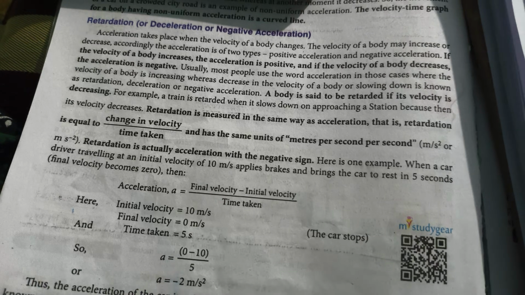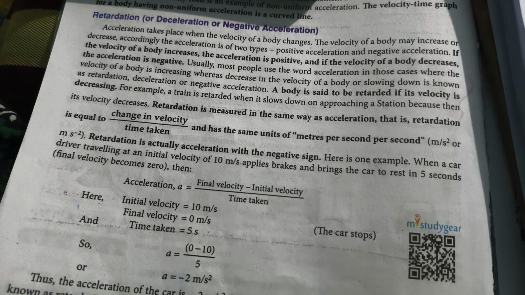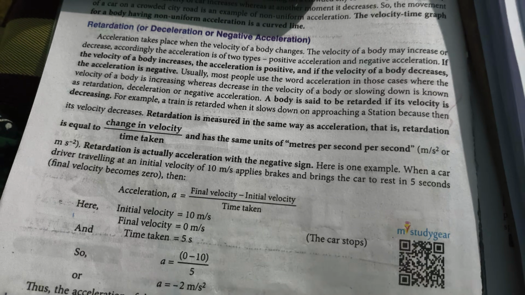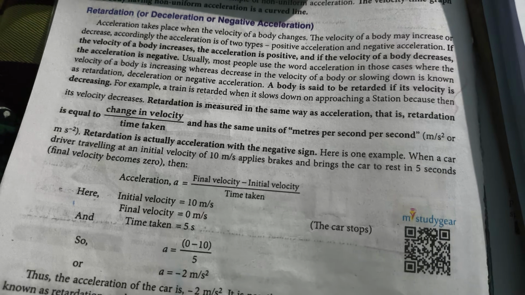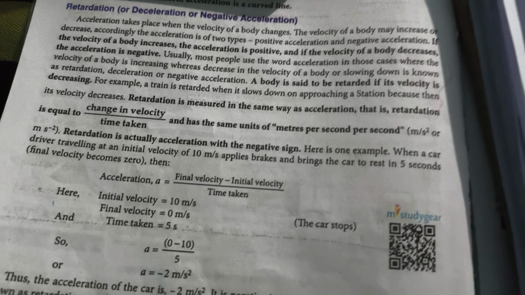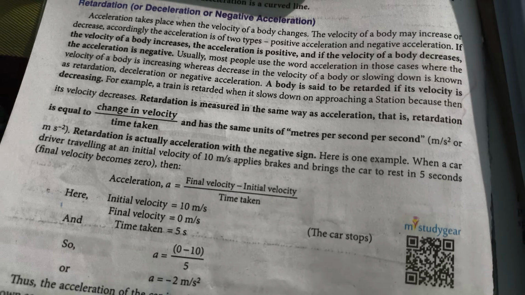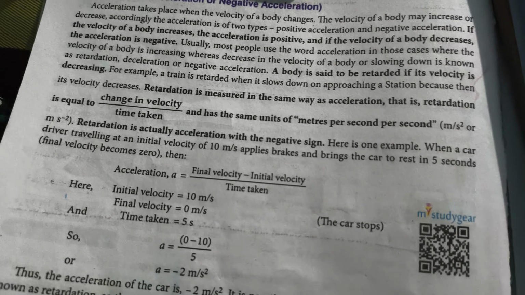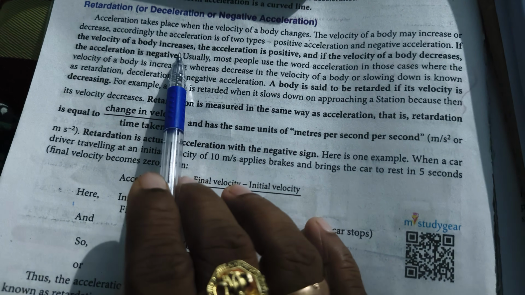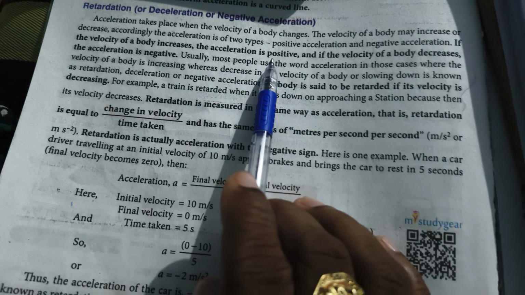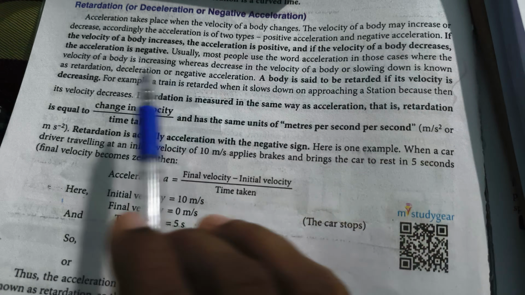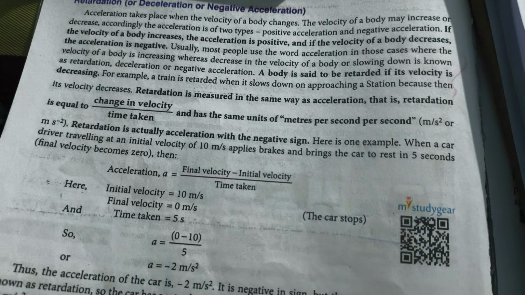Depending upon whether the velocity is decreasing or increasing, there are two types of acceleration: one is positive acceleration and another one is negative acceleration. If the velocity of a body increases, the acceleration is positive, and if the velocity of a body decreases, the acceleration is negative.